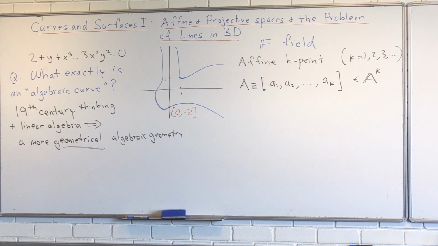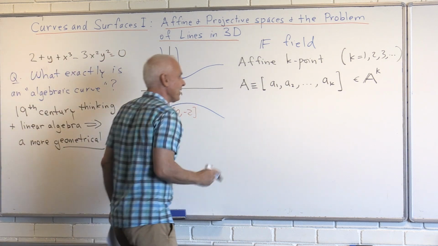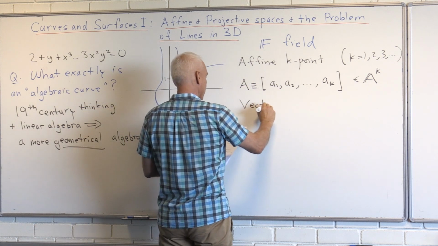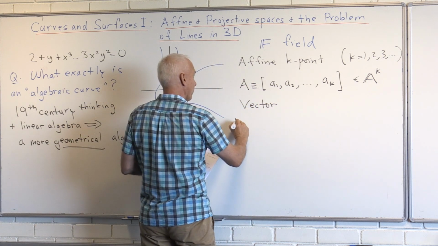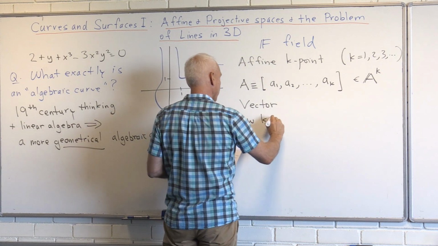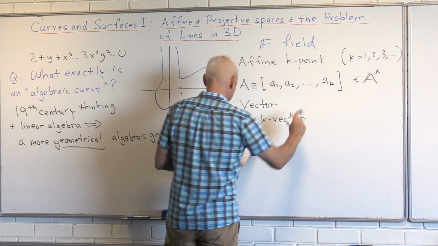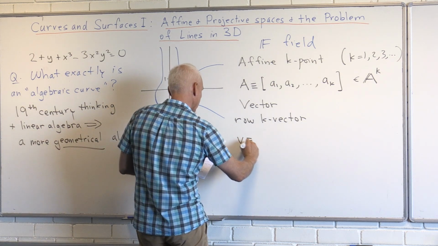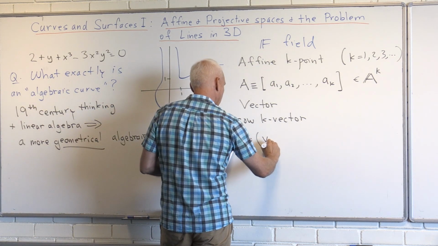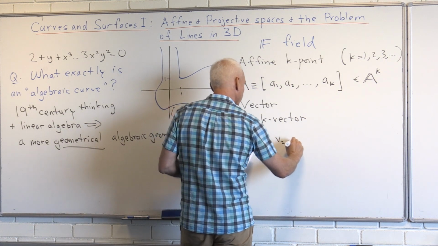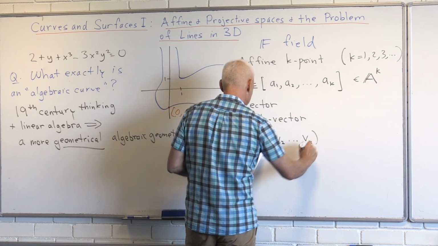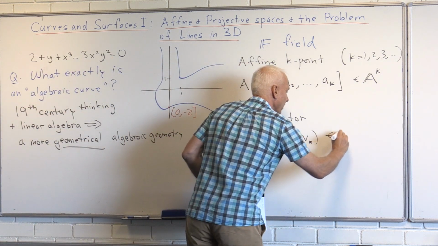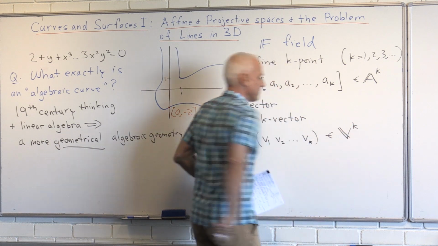Okay, now let's go to the vector situation. So, the vector situation. Let's define a row k vector. The row k vector is going to be an expression of the form (v1 v2 ... vk), and it's going to live in V super k.